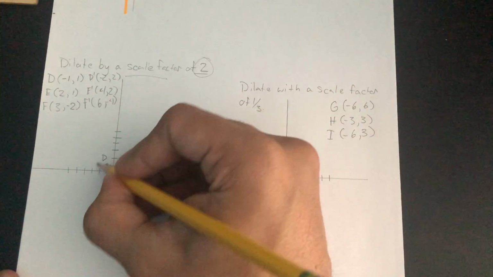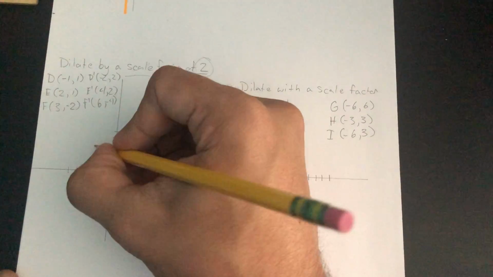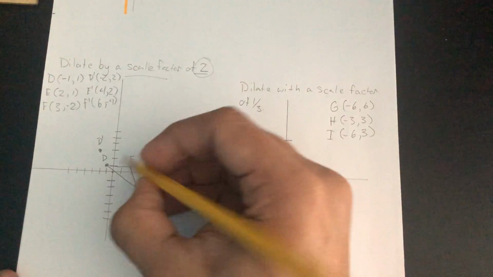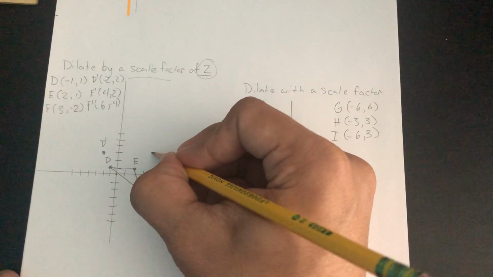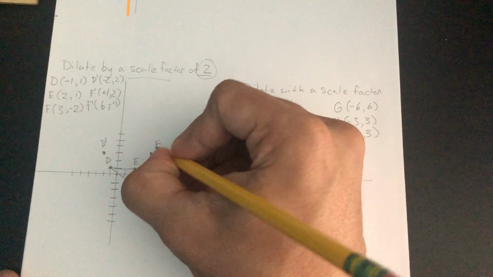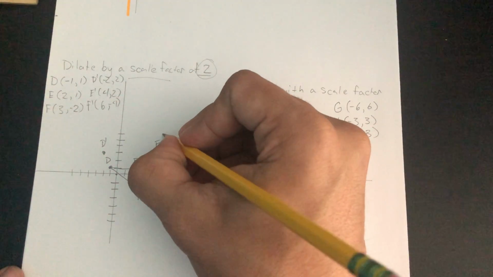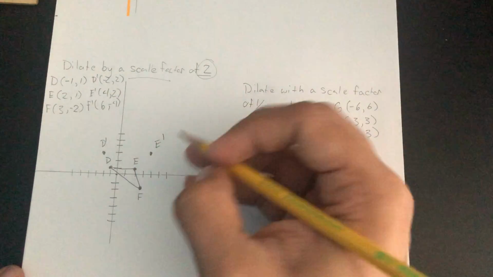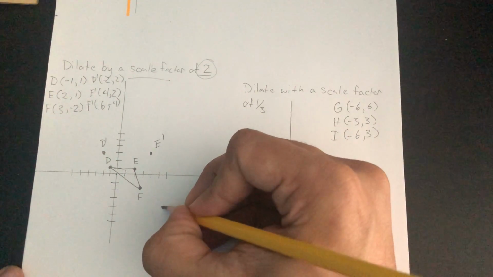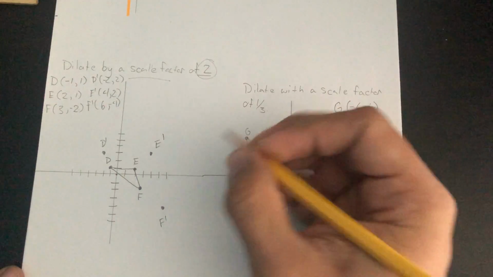So -2, 2 is D'. 4, 2 would end up being here, and that's E'. And then 6, -4 would end up here at F'.